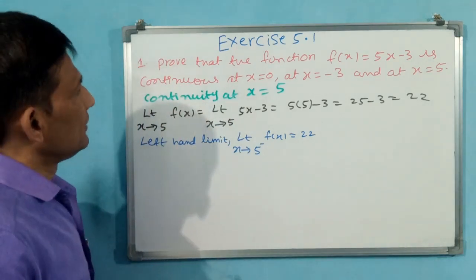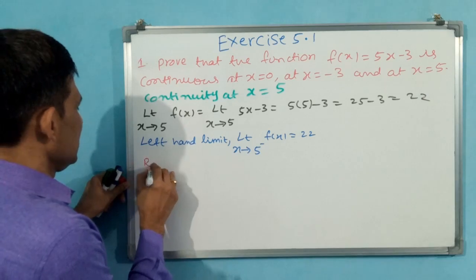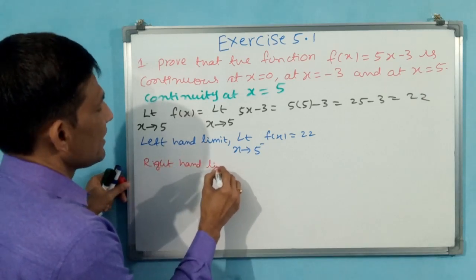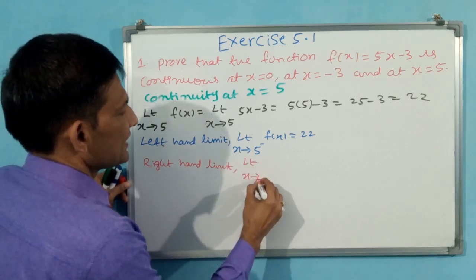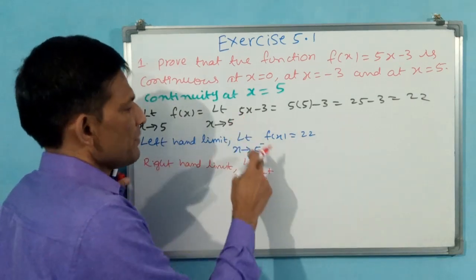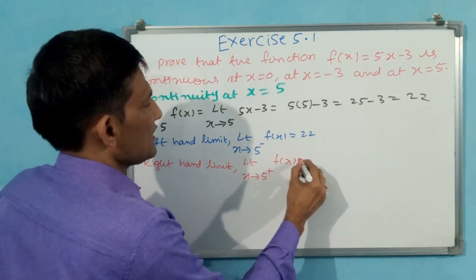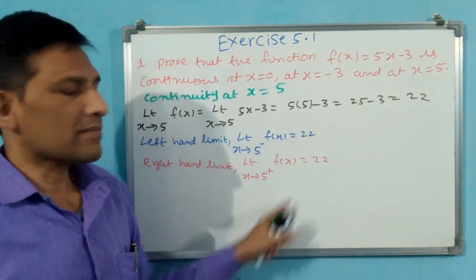Okay. Next, write the right hand limit also, limit x tends to 5 plus f of x is equal to 22. Okay. See, all three are same.